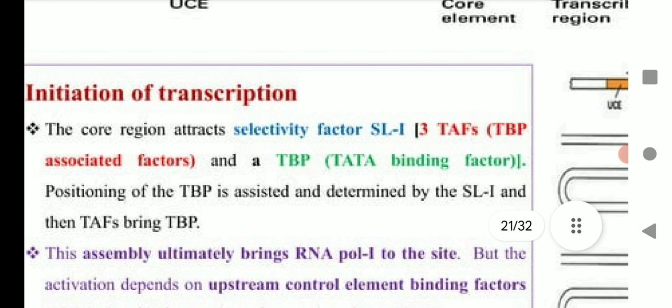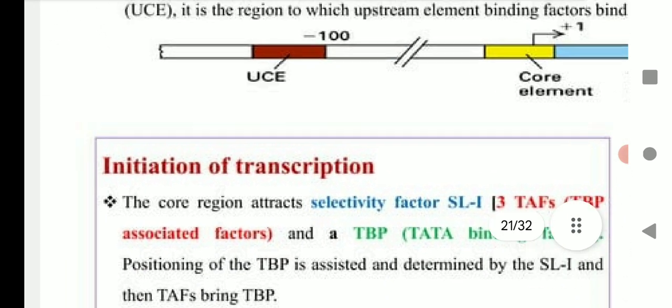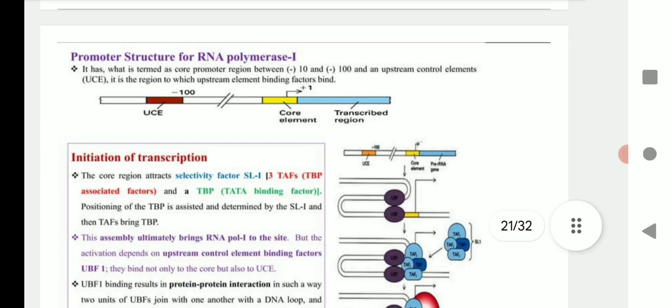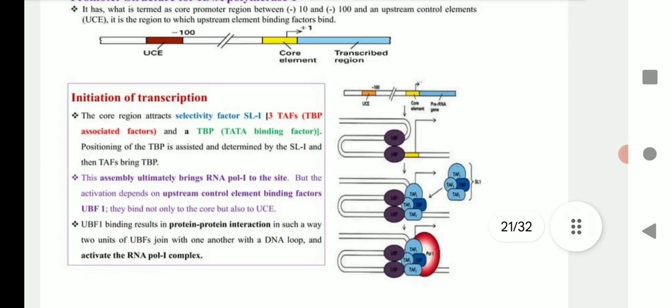So what are all the things that happen? In the case of the transcription, we will see in detail. The initiation of rRNA transcription involves the recognition of the upstream element region UCE, then the core region attracts the selectivity factor SL1, which has 3 TAFs, that is TATA box associated factors. What are the TATA box associated factors?